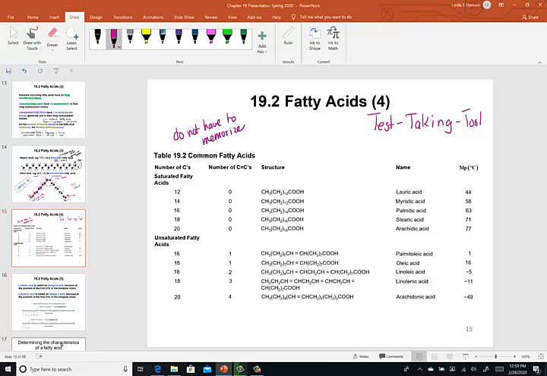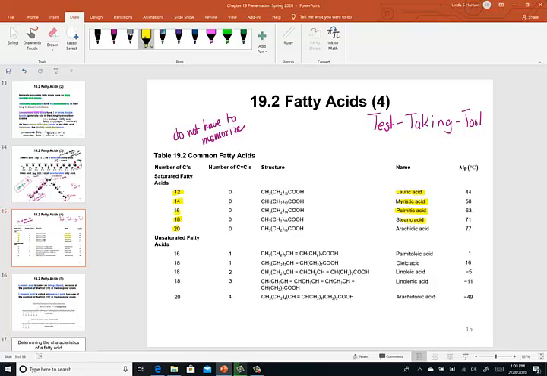Let's just say their names so they start to become familiar. The first name is a carbon chain, all single bonds, with 12 carbons in it, called lauric acid. 14 carbons, all single bonds, is myristic acid. 16 carbons, all single bonds, we looked at that one just a moment ago, is called palmitic acid. 18 carbons, stearic acid.